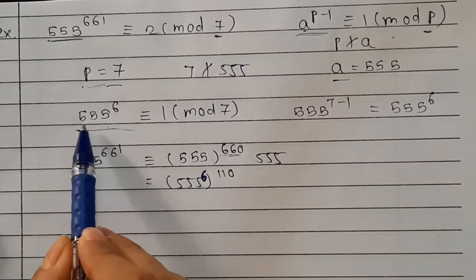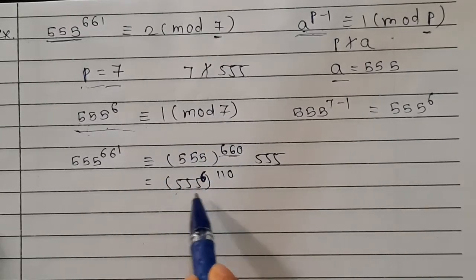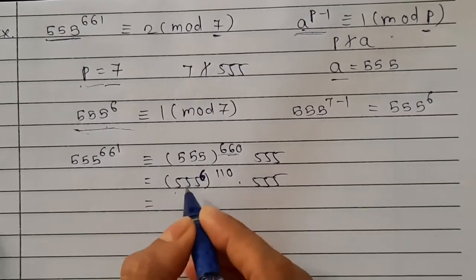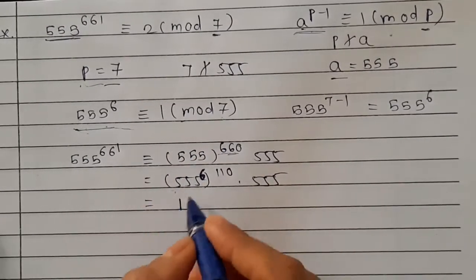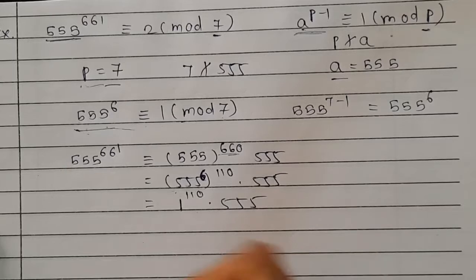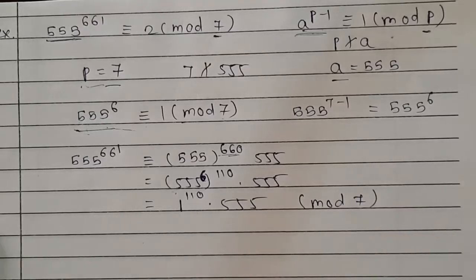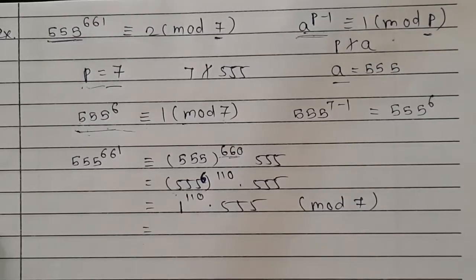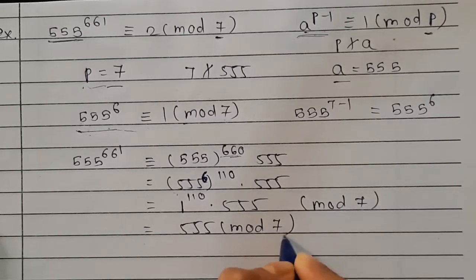Because we have the value for 555 raised to 6, that is 1 mod 7, that's why we factorize it this way. So we write the value of this as 1, then 1 raised to 110 into 555, mod 7. 1 raised to 110 is again 1, so we get 555 mod 7.